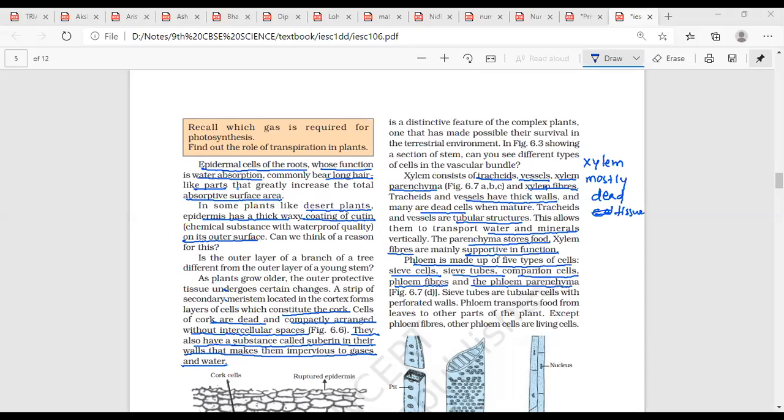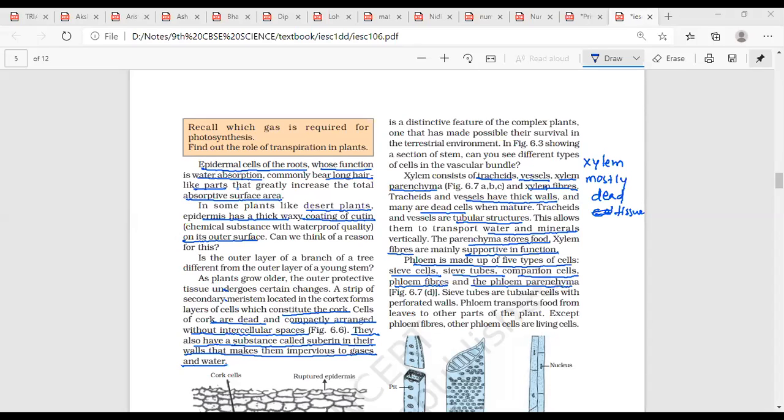Now the transportation in xylem is unidirectional, that is from roots to leaves.